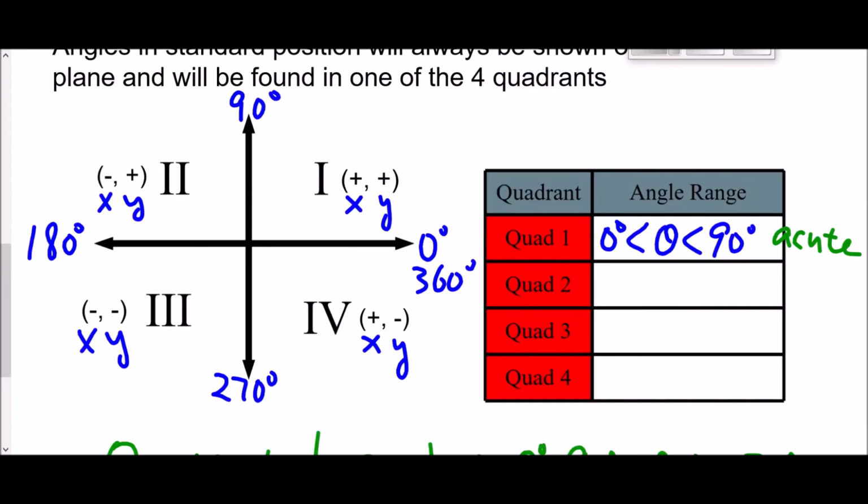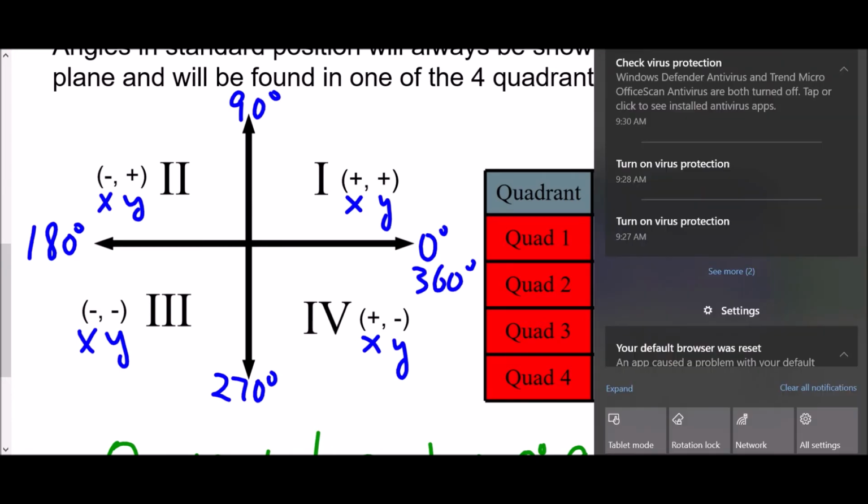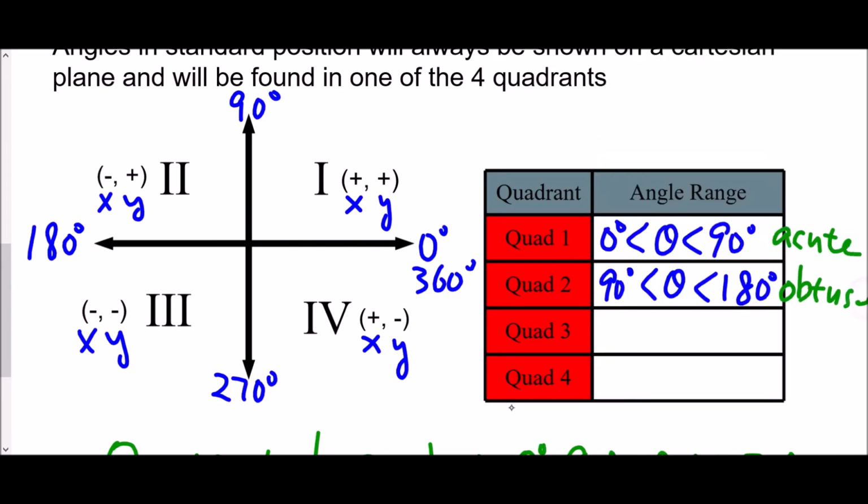Alright, now let's look at the second quadrant. The angle theta is somewhere between 90 and 180 degrees. Again, let's be more specific: theta is greater than 90 degrees but less than 180 degrees. And again, from junior high, we call those angles obtuse angles.